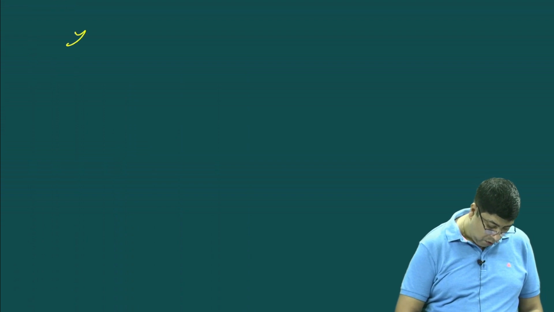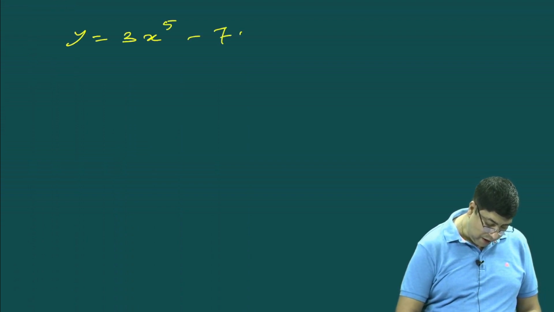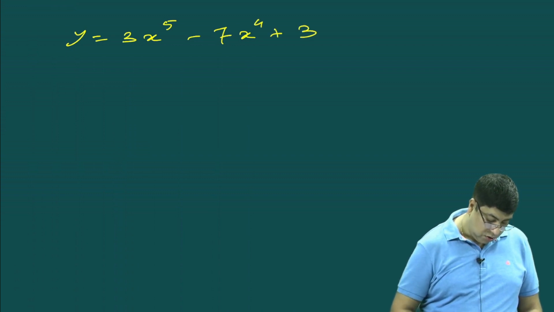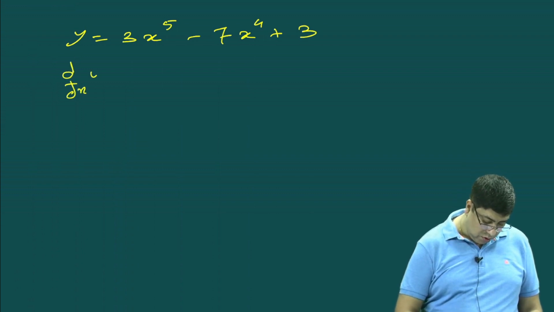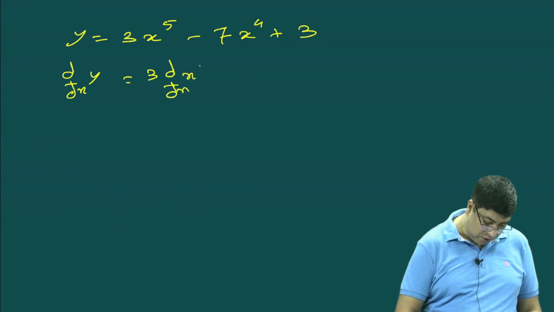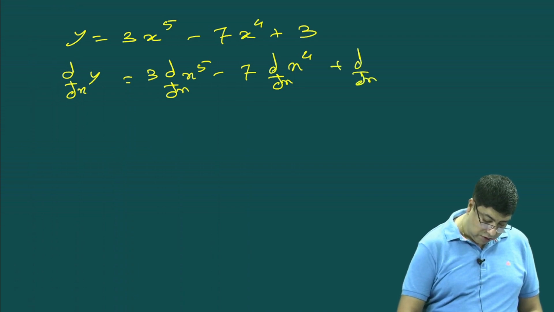Suppose y = 3x to the power 5 minus 7x to the power 4 plus 3. If we differentiate, we just apply d/dx of 3x to the power 5, minus 7 d/dx of x to the power 4, plus d/dx of 3.